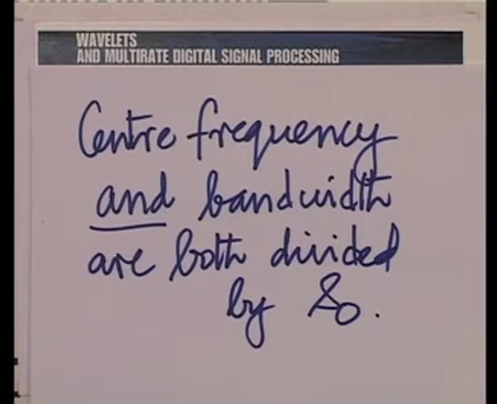Needless to say, tau naught has no effect on the magnitude of the Fourier transform. Tau naught is a parameter that controls only the time behavior, it has nothing to do with frequency behavior. So, here also we have a separation. Tau naught controls movement in time, the translation parameter; S naught controls movement in frequency, but in an indirect way, and that is what we now need to understand.